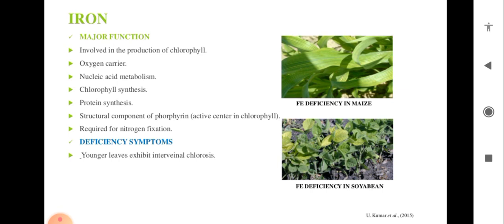Well, friends, in the previous lecture we have gone through all the nutrients which are required for the plants. There are two categories which are distinguished: the macro as well as the micronutrients.